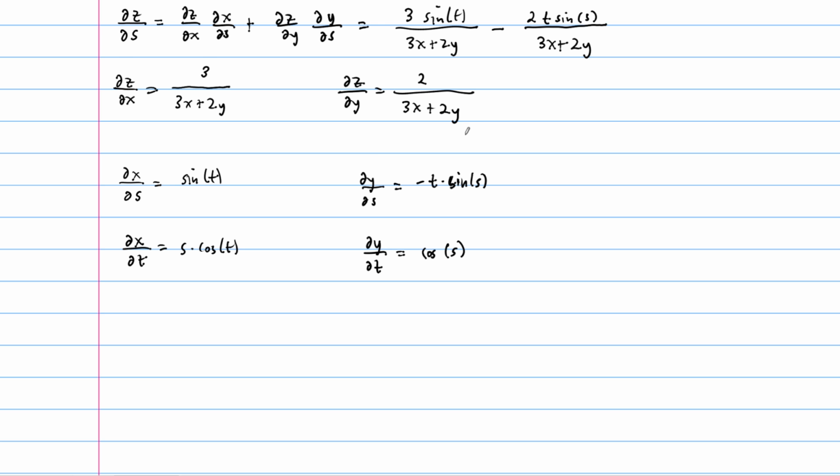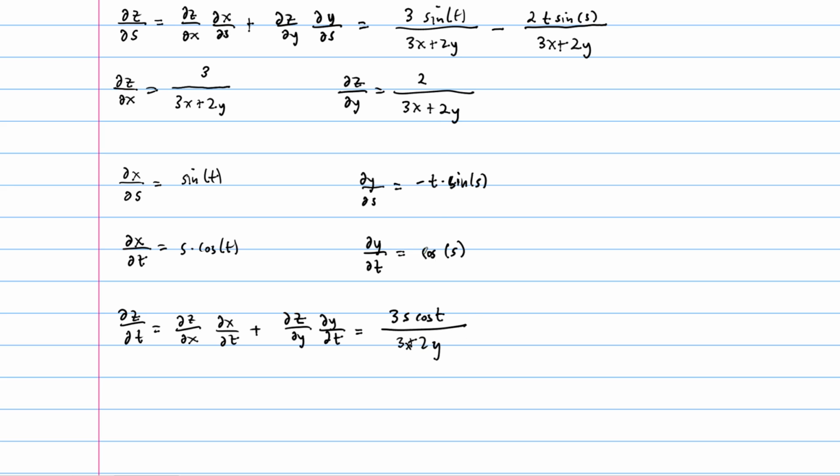The t partial derivative is, again, going to be very similar. Let's write it out, and then this example will be done. This one's going to be dz by dx times dx by dt plus dz by dy times dy by dt. So this one's going to be 3s cosine of t over 3x plus 2y.